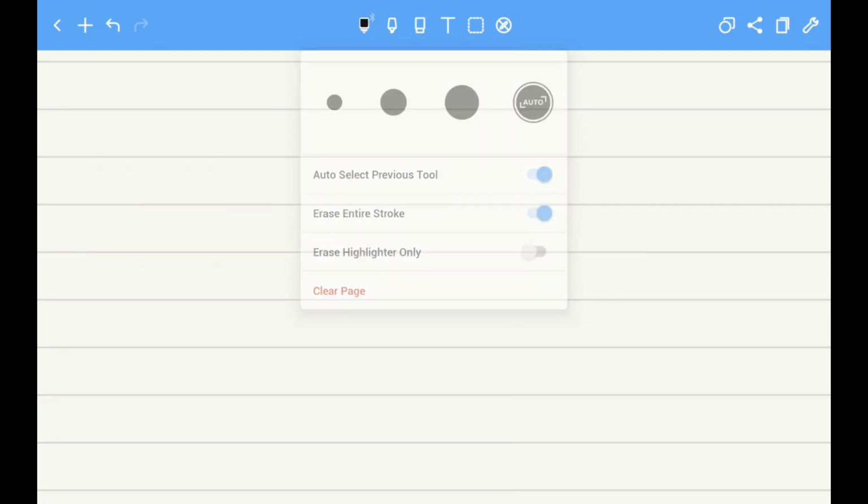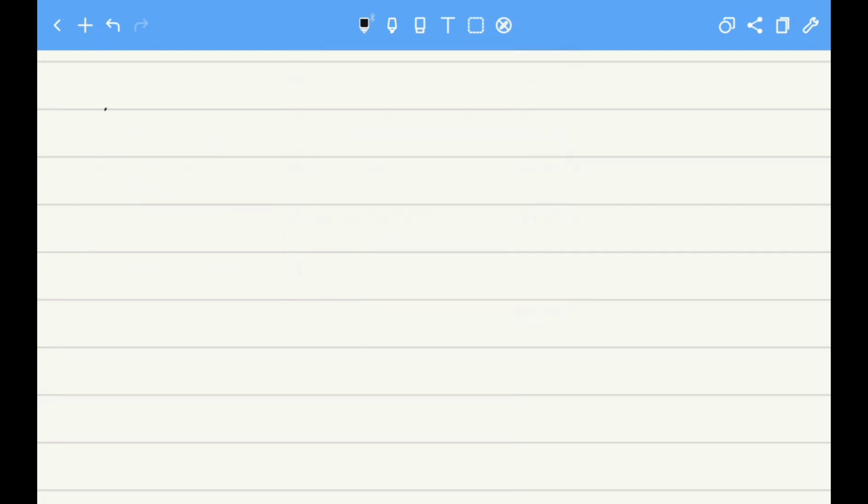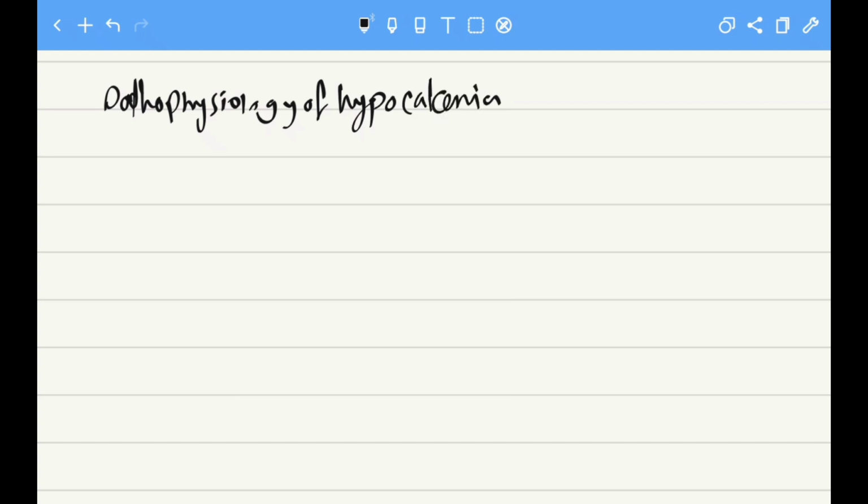Okay, what is the pathophysiology of hypocalcemia? Why is there hypocalcemia with acute pancreatitis? Because there are two stages of hypocalcemia.